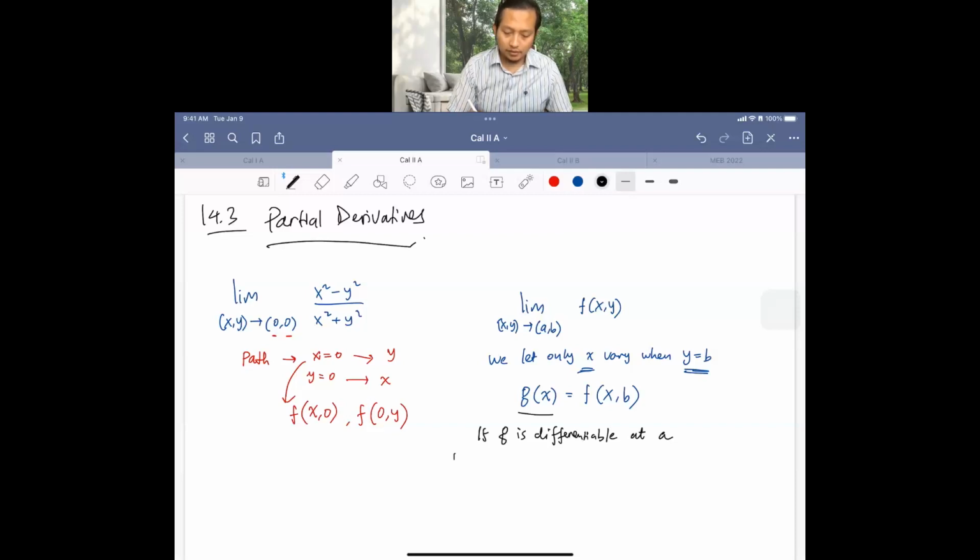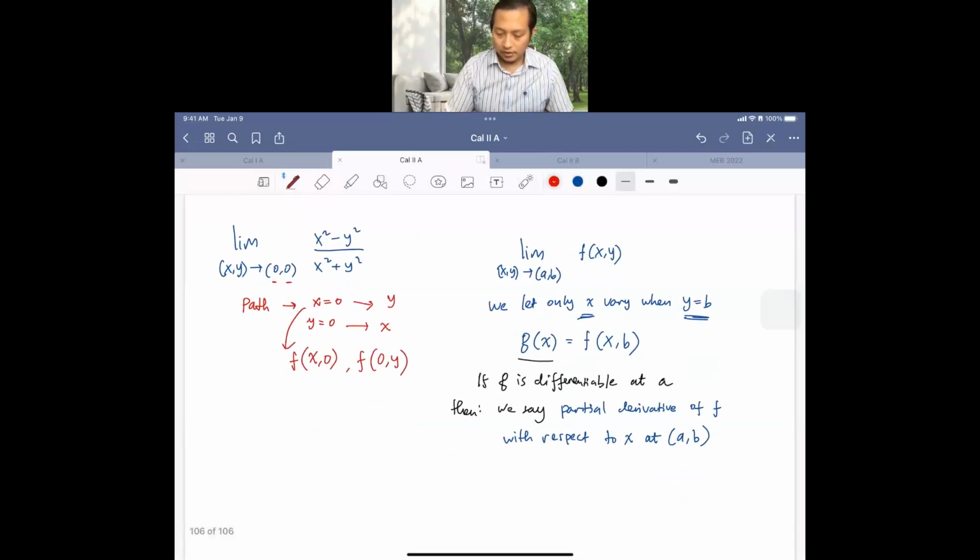then we say it is the partial derivative of f with respect to x at (a, b), and we are going to write it as f with subscript x, at (a, b).